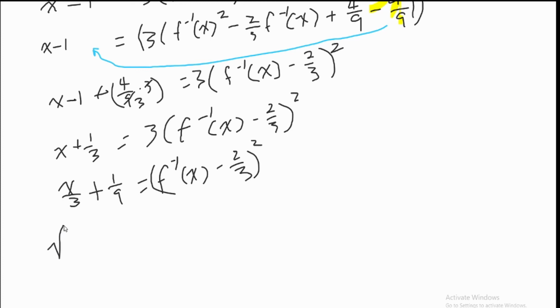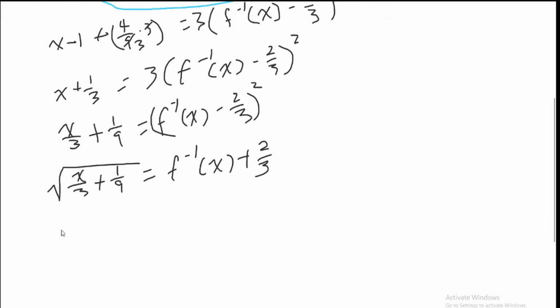Then we're left with x over 3 plus 1 over 9 equals f of the inverse of x plus 2 over 3. And finally, we subtract 2 over 3 on both sides. So minus 2 over 3 equals the inverse of f of x.